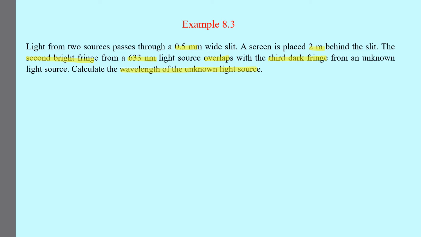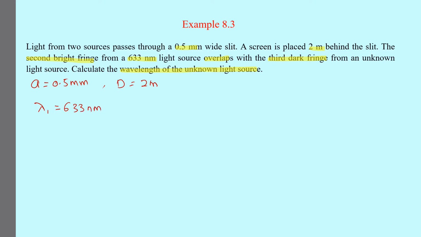Okay, so a is given as 0.5 millimeter. D is equal to 2 meter. Lambda 1 is equal to 633 nanometer.